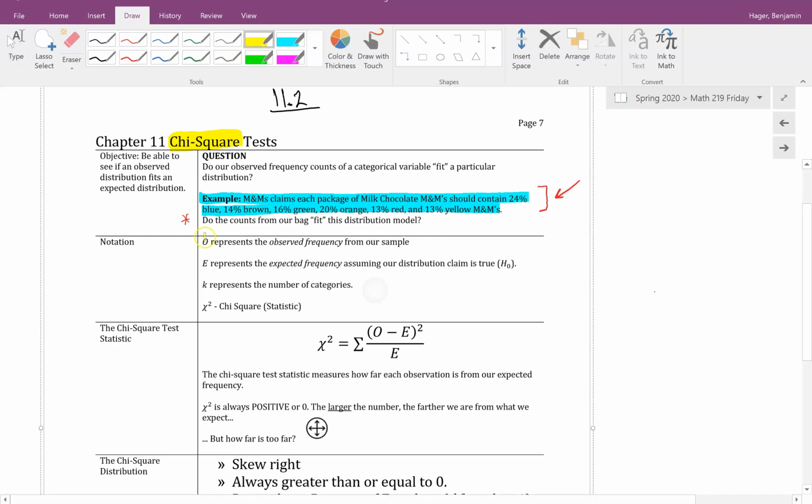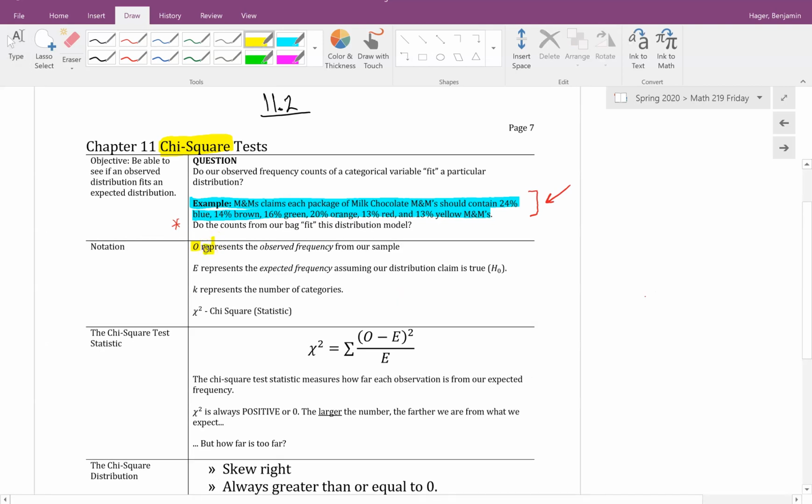First of all, we're going to use the letter O. That's going to represent the observed frequency from our sample. So if in a bag of M&Ms we found 15 of them were orange, then that observed value, O, would be 15. E represents what we expect, what is claimed by the M&M's company. They claim that 20% of their M&Ms in the bag should be orange.